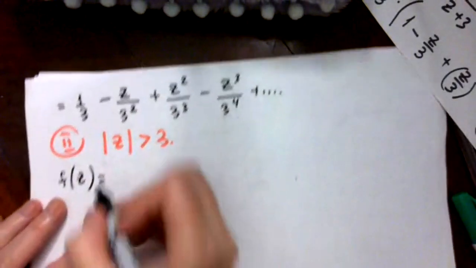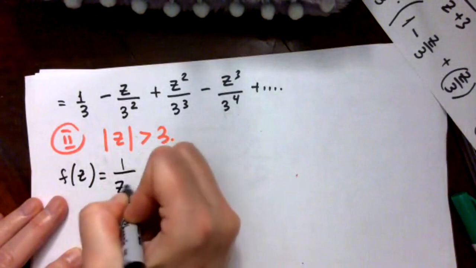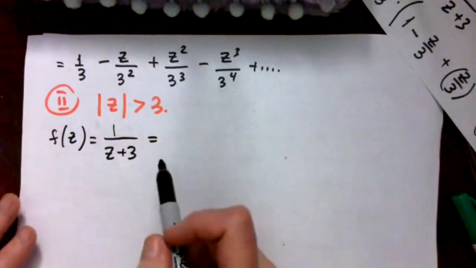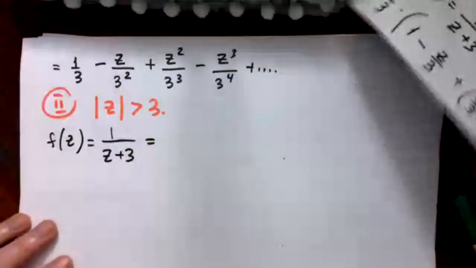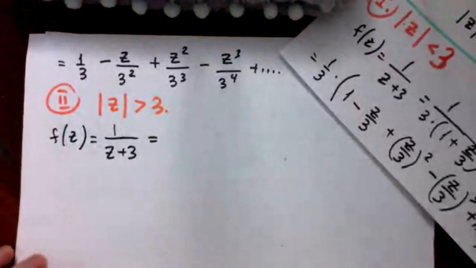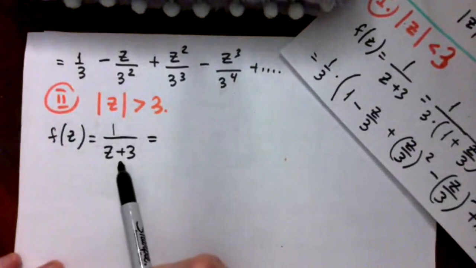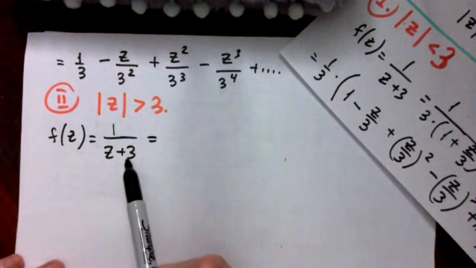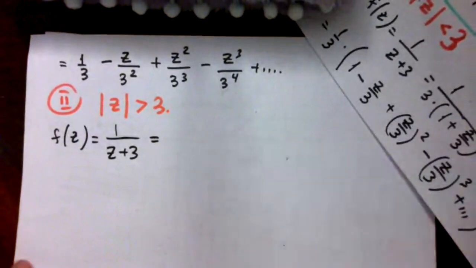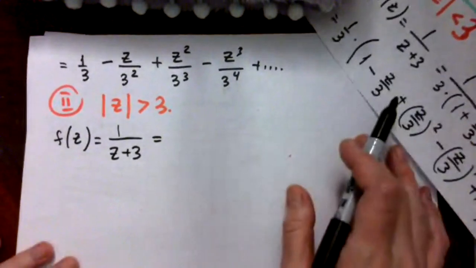Okay, let me rewrite this function here. So our function is here. Last time, our main problem was to obtain 1, so that our function would look just like this canonical expansion. But last time we achieved this by factoring out 3. This time we can't do this. This will be repetition of the previous step, and we already discussed it.